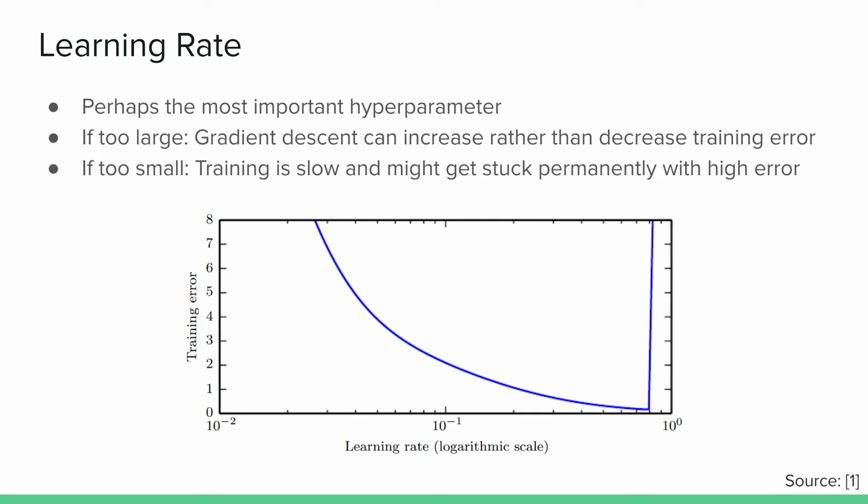This figure here shows this quite nicely, that your training error, depending on your learning rate, will go down to a certain point and eventually it will explode again. So you won't be able to get a good training error if your learning rate is too high. And that is kind of a sharp cliff, and if you find that point, use half of that learning rate.